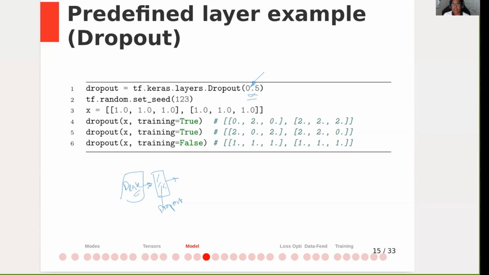That means that for each neuron, with a probability of 0.5, you either use it or not. So the other lines show the output of calling a dropout layer for this input.